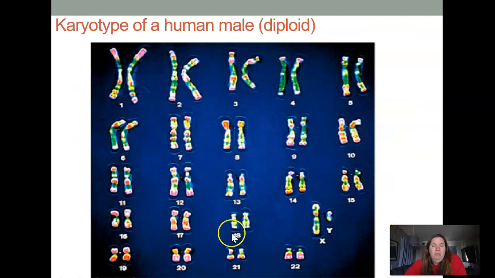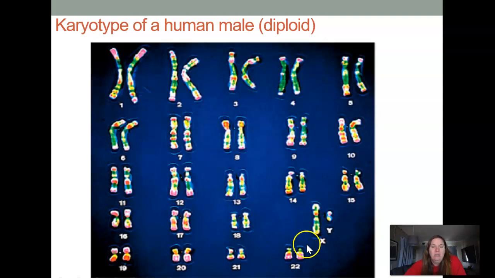Here are our chromosomes. I thought this would be a fun picture to include. This is called a karyotype. I actually left this out of the chapter 8 lecture, so I thought I'd just show it here. Here we can see all of our homologous chromosomes, one from mom, one from dad. Of course, we don't know which one is which. Here you can see that we have 22 homologous autosomal chromosomes.